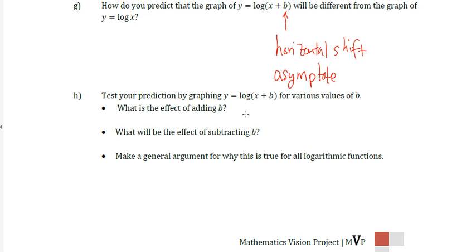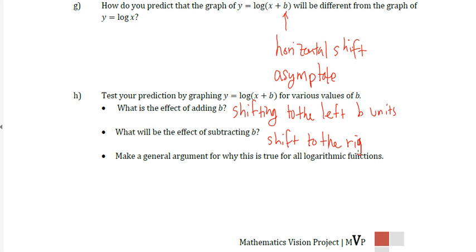So if we add b, we are shifting to the left b units. And if we subtract b, we are shifting to the right b units. So it's a little counterintuitive. We're really doing the opposite of what it's saying. If we're adding, we're going more negative. If we're subtracting, we're going more positive. A little bit counterintuitive.